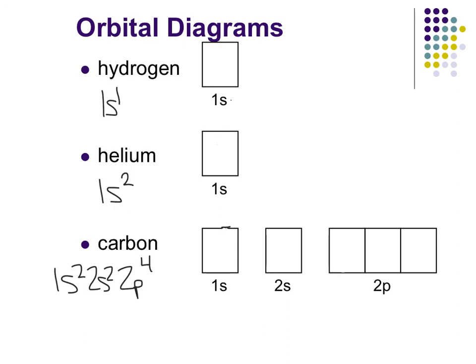Now let's talk about putting electrons in the boxes. For hydrogen, since the electron configuration is 1s1, I'm only drawing 1 box with the orbital of 1s. Then I'm going to put 1 electron in it by drawing 1 arrow. I usually always write up arrows first. It's always how I've seen it done in textbooks as well. But as long as you're not putting like arrows together, you should be fine.